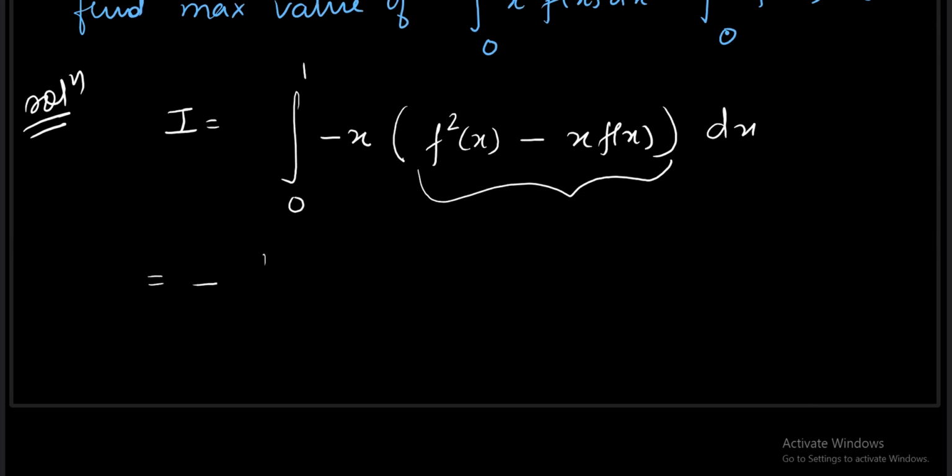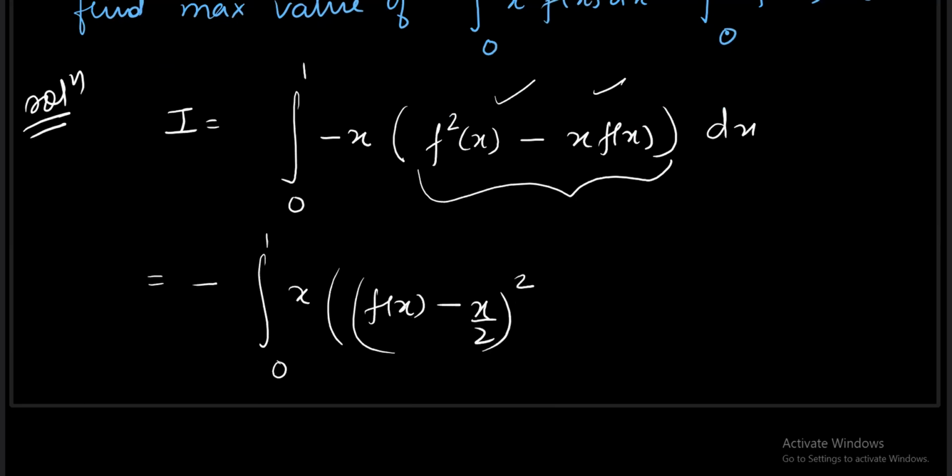So let's start. Negative sign kept here. 0 to 1, x as it is. But looking at these two terms, I'm getting the feeling that I must write f x minus x by 2 whole square. Right? I must write it like this. But if you are writing it like this, that means you are unnecessarily adding the term x square by 4. So subtract it. I subtracted it over here. Right?